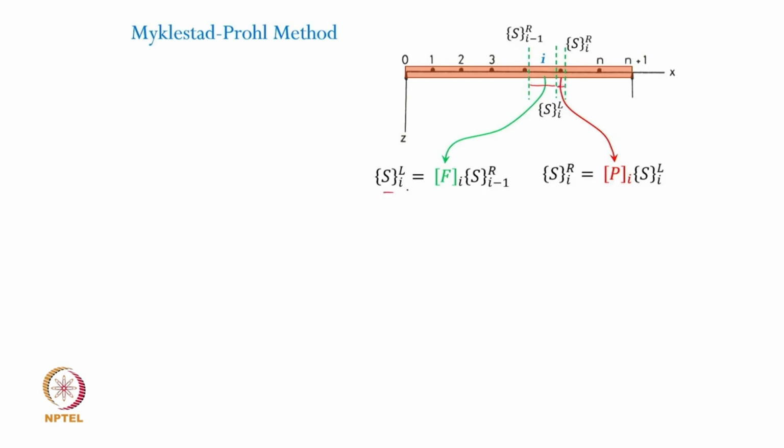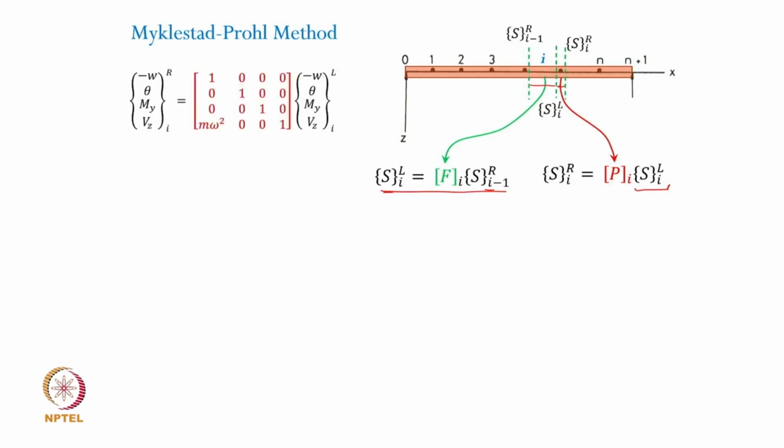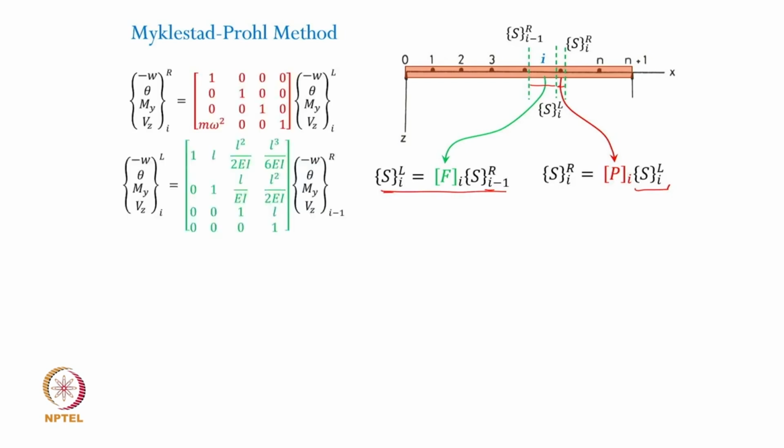So this is how the state vectors are related, and now it is quite easy to replace this particular state vector using this relationship, so that I get the relationship between the two state vectors. These are the two equations that we recall from the previous slides, and now I can replace this SIL, which is this state vector here, in terms of this state vector, and that's how you get Pi into Fi multiplied by this state vector.